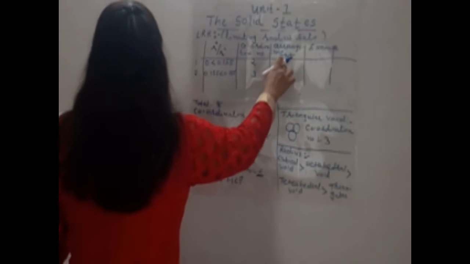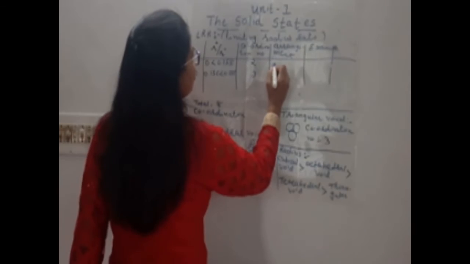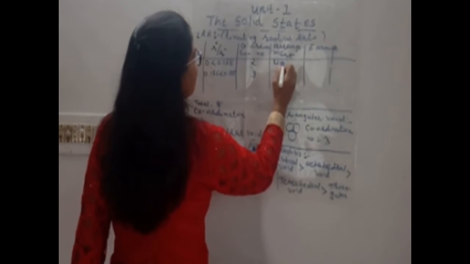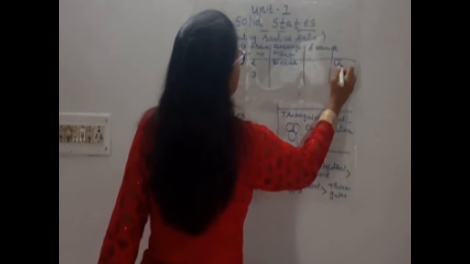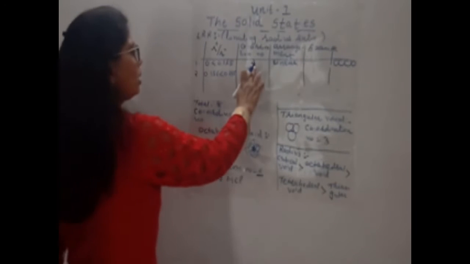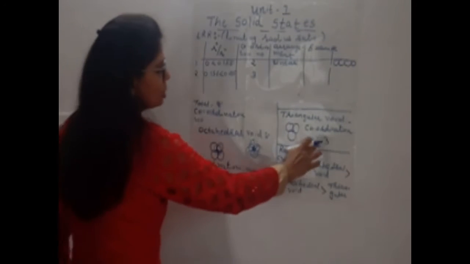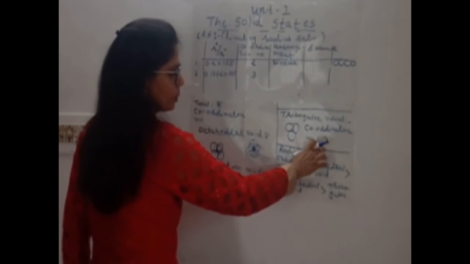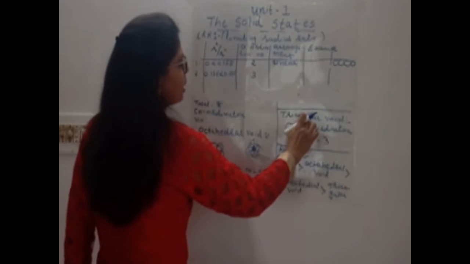Now arrangement: if the coordination number is 2, then the arrangement I just showed you is linear. So this arrangement is linear where the coordination number is 2. Now suppose the coordination number is 3. Then which type of arrangement can you see?